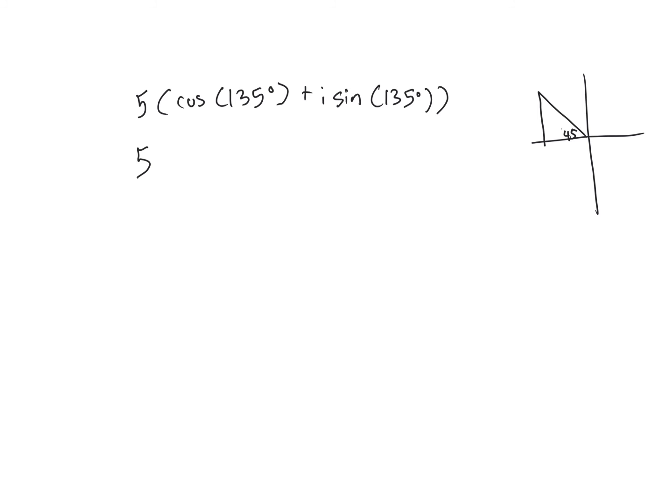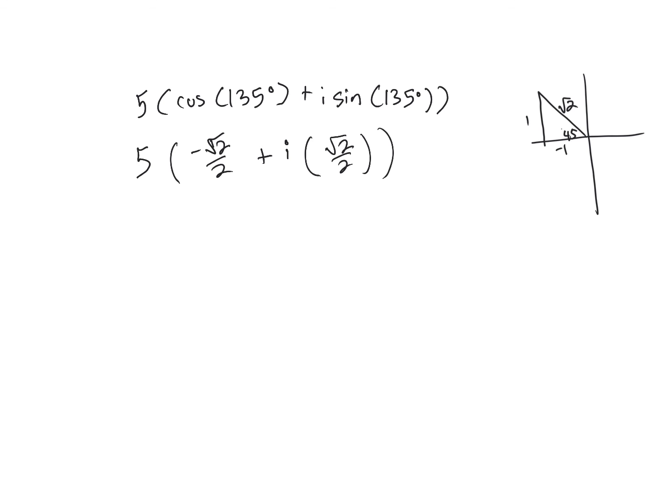So the cosine is negative root 2 over 2, plus i times sine, which is positive root 2 over 2 for 135 degrees.